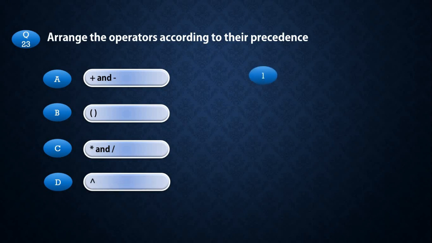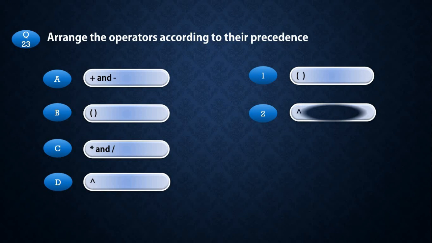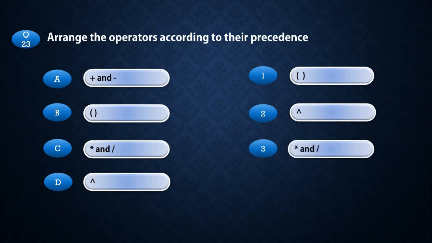So the first precedence will be for parenthesis, next exponential, third is for multiplication and division, and finally it's for addition and subtraction.